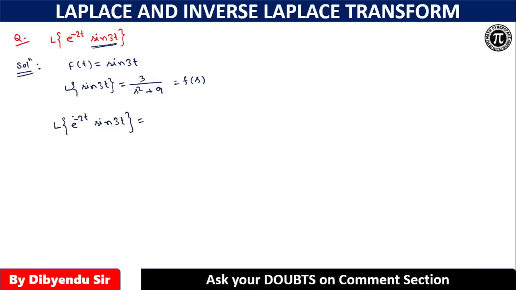So here a is equal to minus 2 and the formula is f of s minus a. So a equals minus 2 means you have to write f of s plus 2. So in place of s you have to write s plus 2. So the answer is 3 by s plus 2 whole square plus 9.